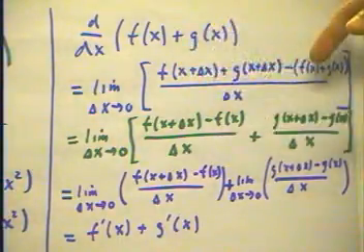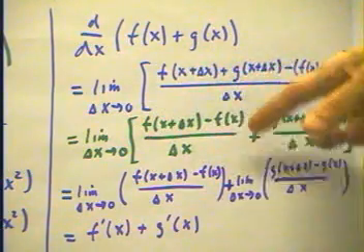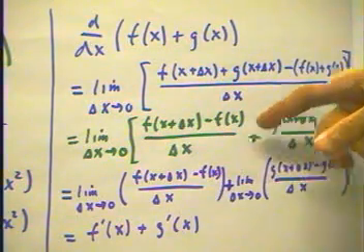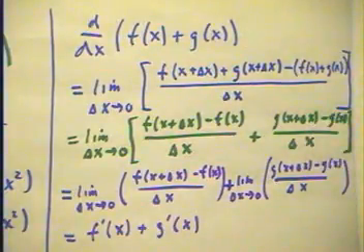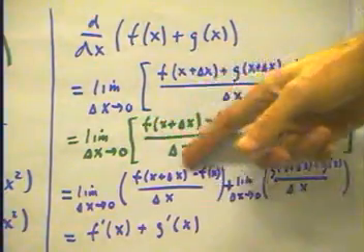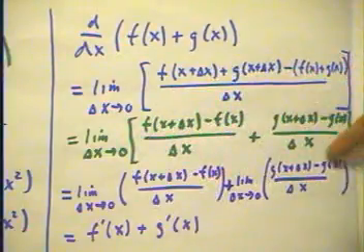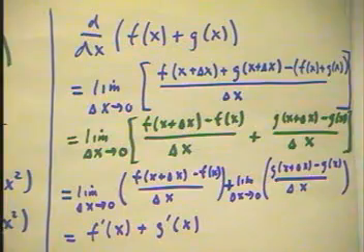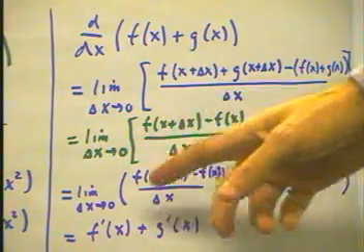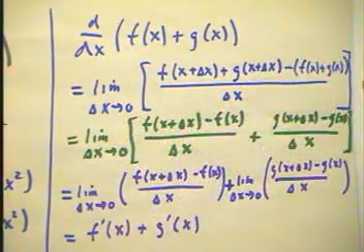We can take the f of x plus delta x minus f of x and divide that by the delta x, and then we can add the g of x plus delta x minus g of x divided by delta x. And this looks like the difference quotient for f of x, and this is the difference quotient for g of x.